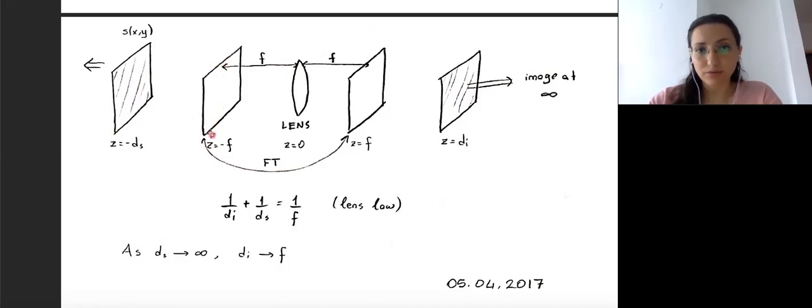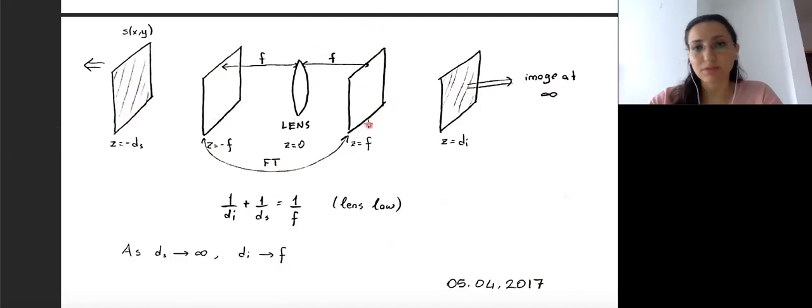And we know from the Fourier transforming property in this 2F system that we're going to get another Fourier transform. So the first Fourier transform was due to Fraunhofer propagation from infinity to this distance. And then we have a second Fourier transform due to the Fourier transform property of the 2F system.